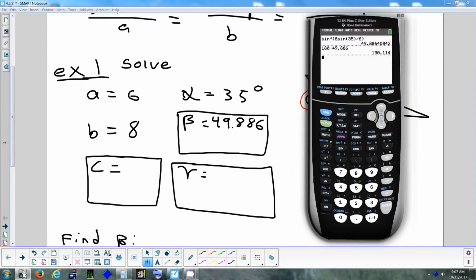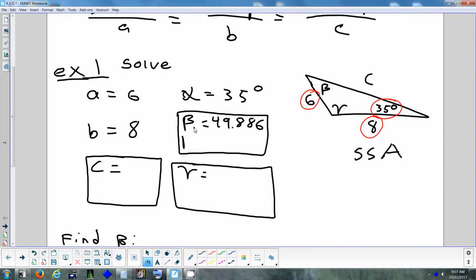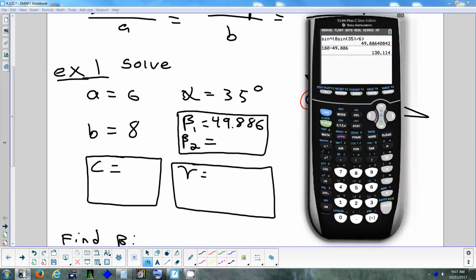So is there any question on how I found the second answer or why it works this time? All right, so what I'm going to do is call that beta 1. And I'm going to do the one below it, 130.114, that'll be beta 2.